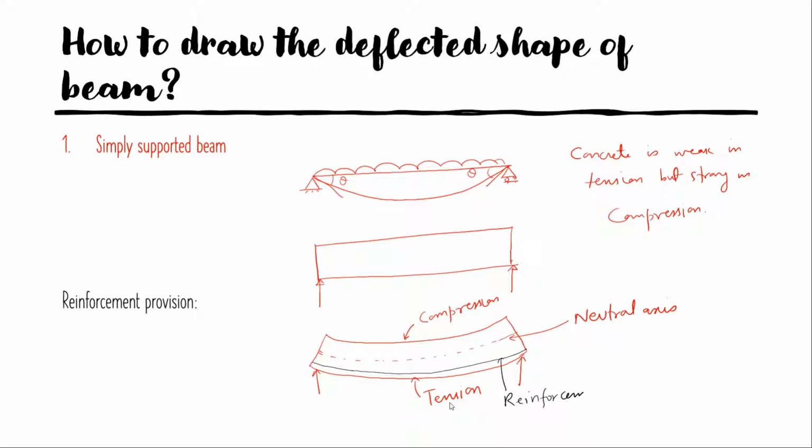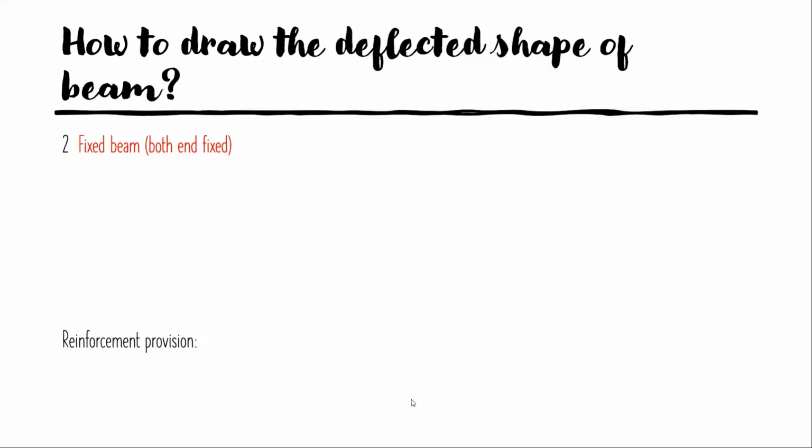Reinforcement bars are provided to prevent this tensile fiber from getting cracked. Otherwise it would get cracked in this manner and split into parts. So we have to provide reinforcement bars to stop the crack induction here. Now let's go to the second part, the fixed beam.